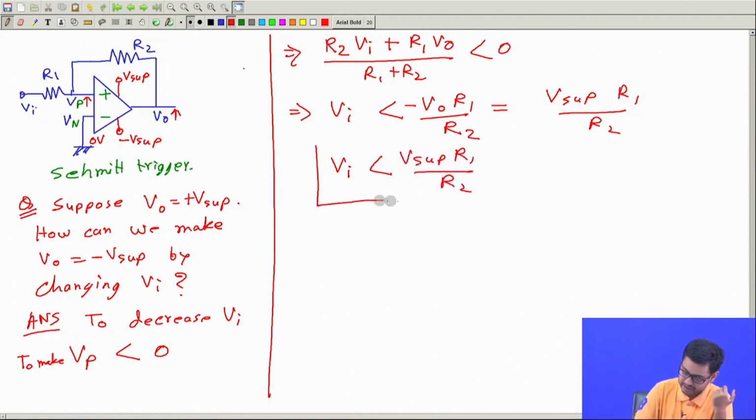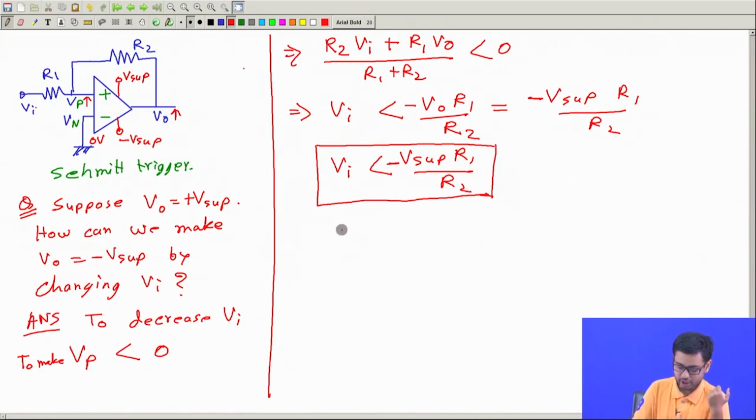Vi less than minus V supply R1 by R2. There is a minus, this minus. Okay. If you bring it down below this, then the output will change. So very quickly, this value I will call lower trigger point.